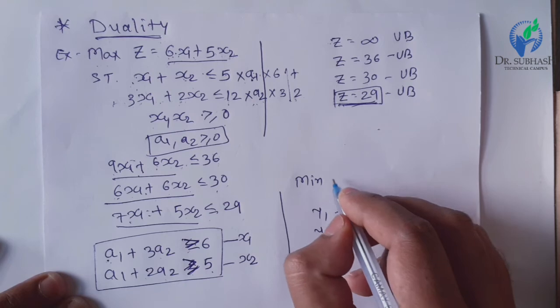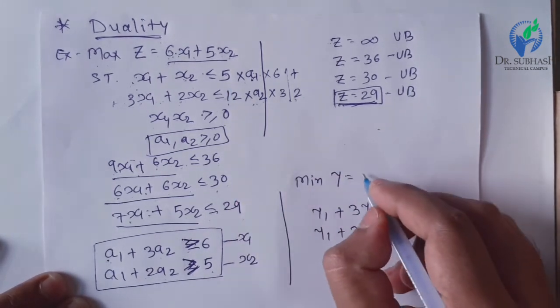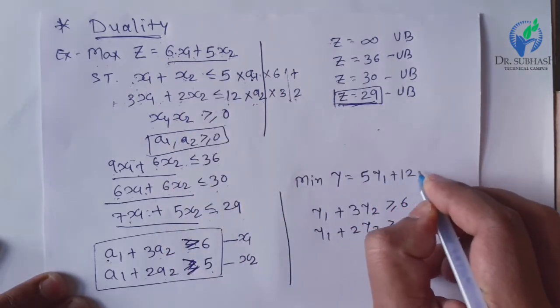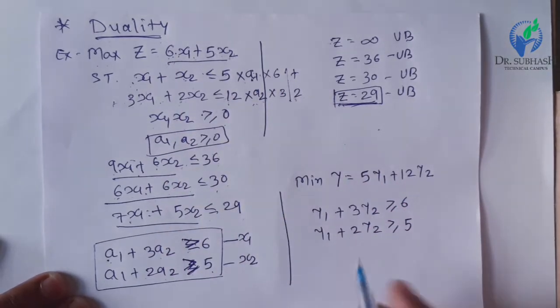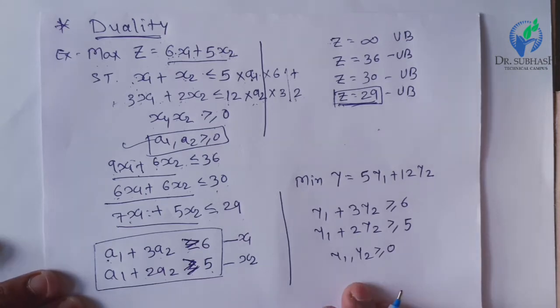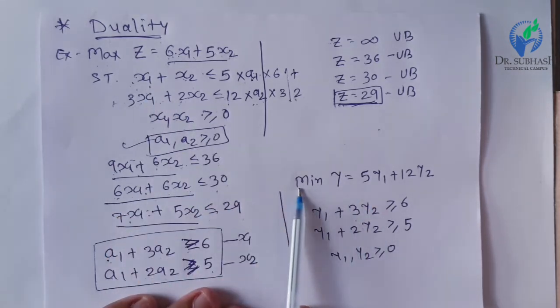So minimization y equal to 5y1 plus 12y2. And again, as per the given condition, y1 and y2 must be greater than or equal to 0. So in this case we get another form of linear programming of the same linear programming problem in the form of a minimization case.